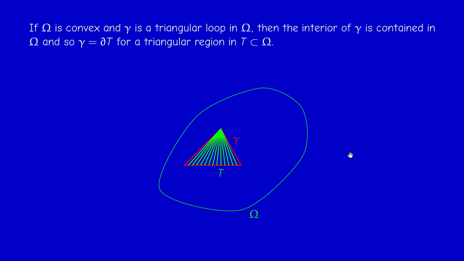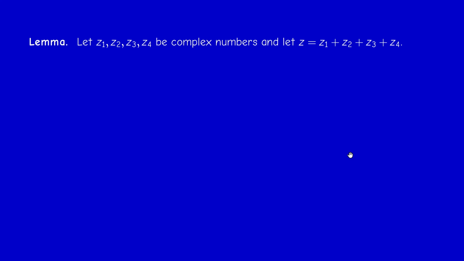Now, having made all these facts precise, we can state the main theorem of this video, but I need a very simple algebraic lemma first that I will use. If you have four complex numbers z1, z2, z3, z4, and consider their sum z, then I claim that 1/4 of the modulus of the sum is less than or equal to the modulus of one of them.